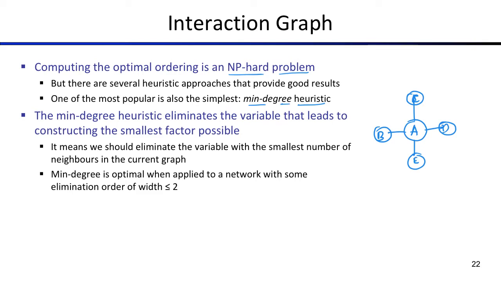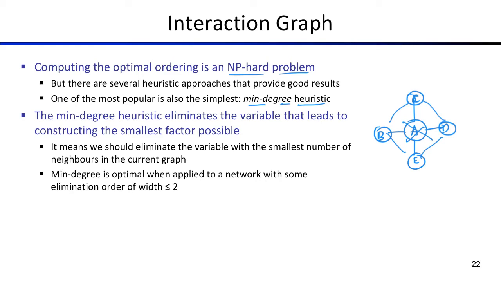So when we eliminate a from here, we need to connect all those nodes together, meaning that we have a factor that mentions all those variables. So we're going to locate the variable that has the minimal degree, and we'll select this variable first. We will compute a new interaction graph. I'm going to select the next one that has the minimal degree, and that's going to be my second variable to be eliminated. And I keep on doing that until I eliminate all the variables.